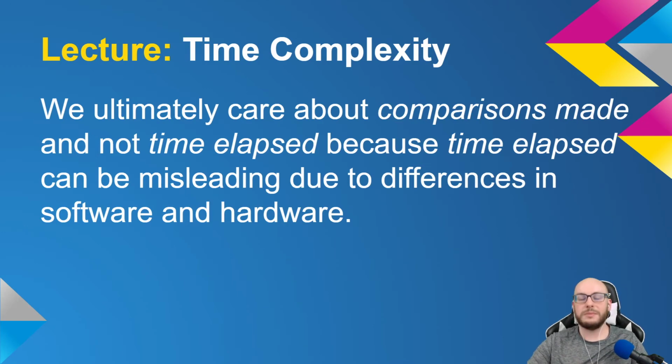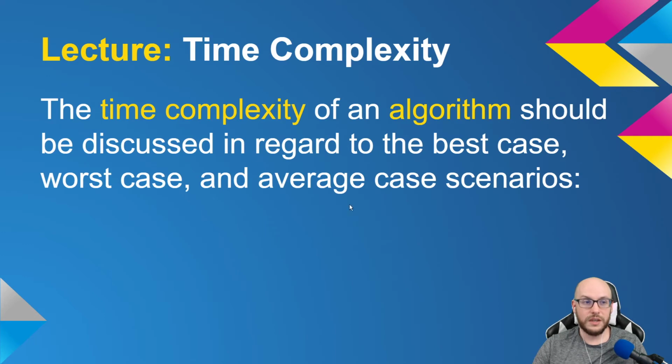So time elapsed is just not a good measure for how good, how fast, ultimately, an algorithm is. What we care about is number of comparisons made, because that is a true test to efficiency. We'll look at what a comparison actually is in just a moment with our linear search.